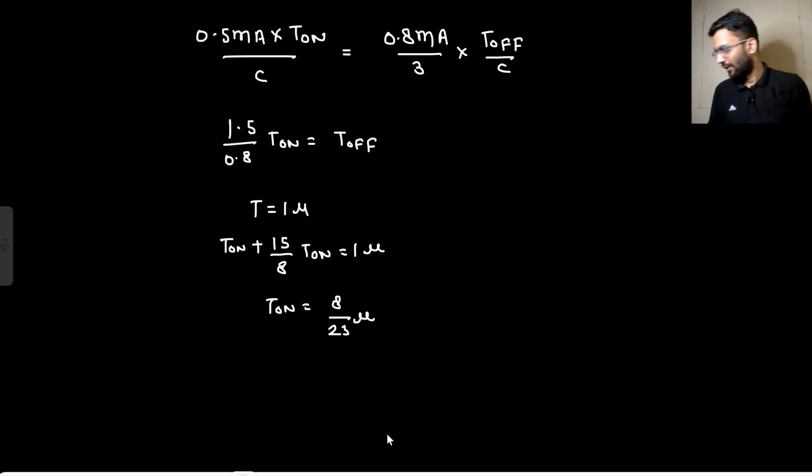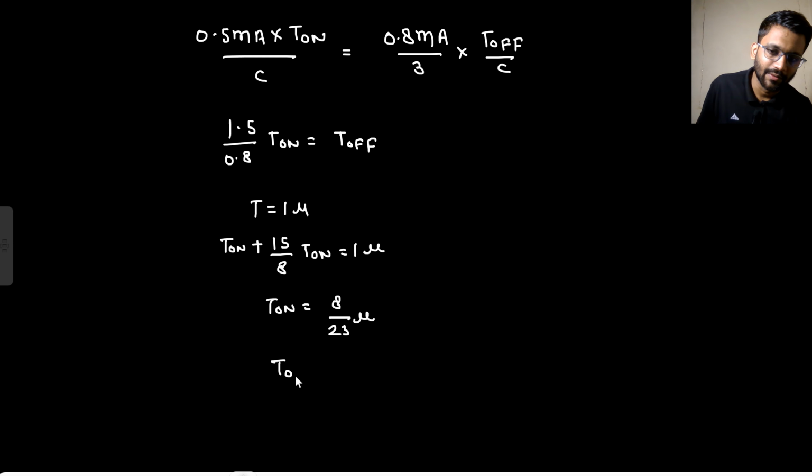What is the answer of 8 by 23? That is approximately 0.35, you can write 0.347. So T on should be 0.347 microsecond.